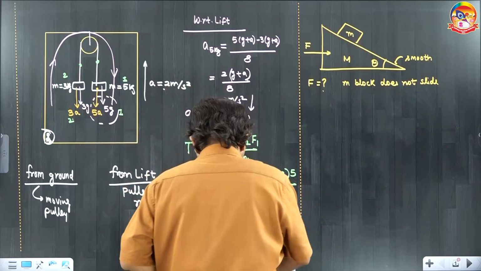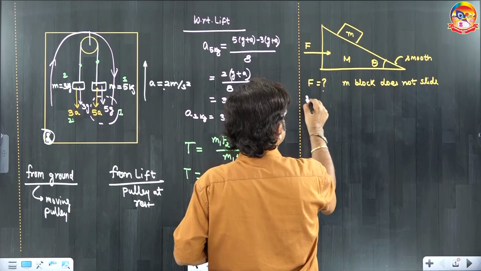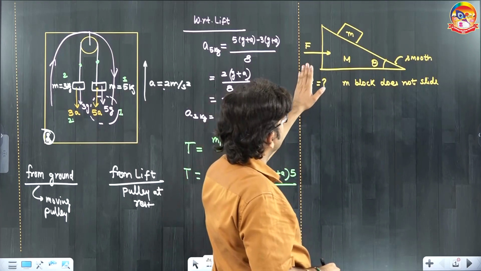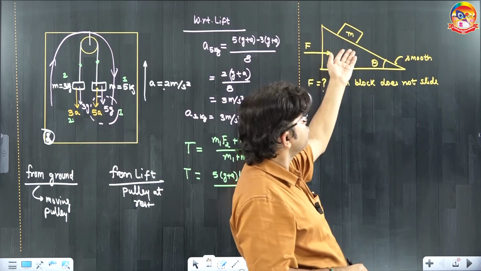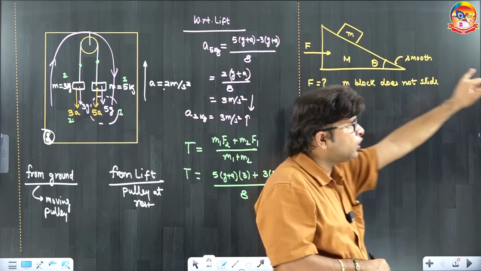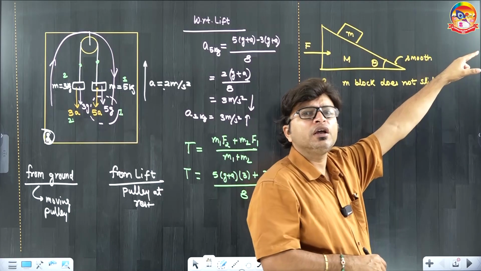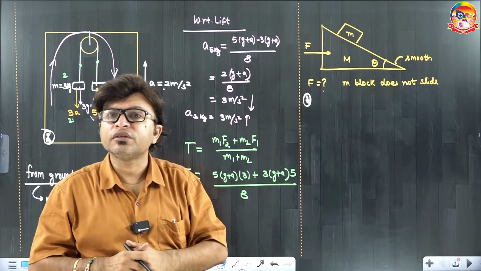If I see from the ground, I will observe this wedge is moving, and the block, although at rest on the wedge, is also moving with respect to the ground. So I will see an acceleration A of this block in this direction.